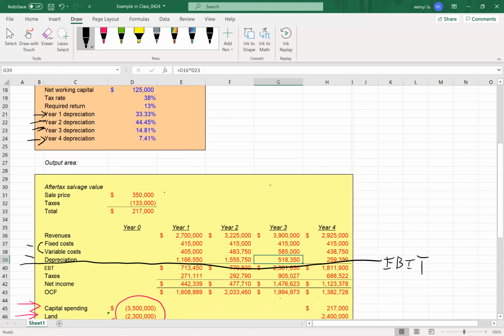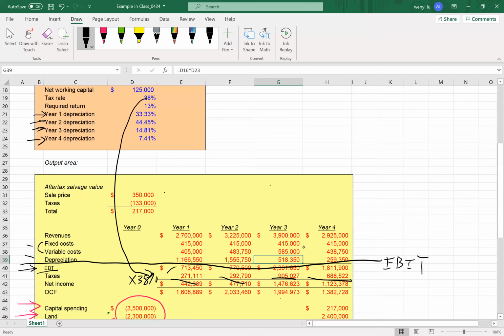For this example, there's no interest expense, so we also call this one earnings before tax, because there's no interest payment. The tax rate is 38%. So your EBT times 38% will be the tax in the different columns here.